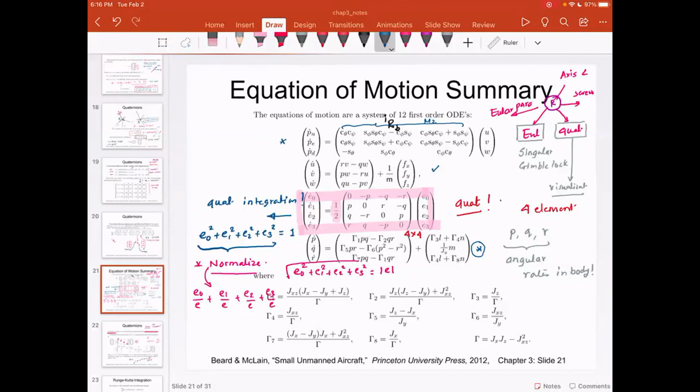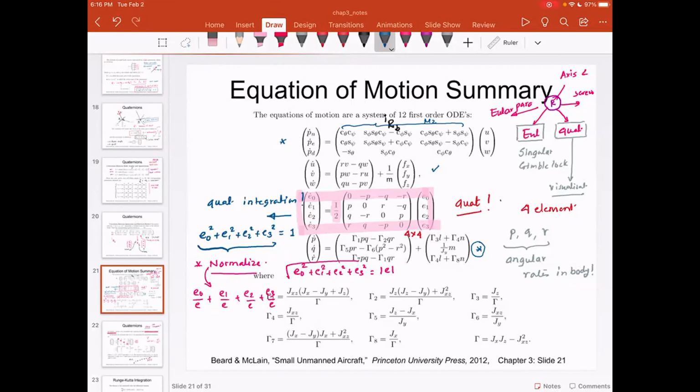Now, when we perform this integration, in almost all cases the norm of the Quotonian, or the absolute value of the Quotonian, will exceed 1. What it means is that the Quotonian will no longer be a unit Quotonian. If the Quotonian is not a unit Quotonian, it cannot represent the rotation.